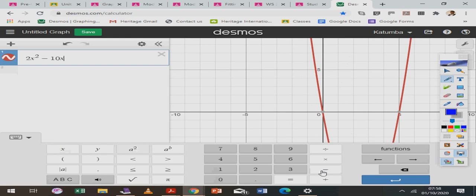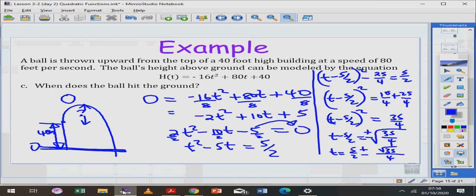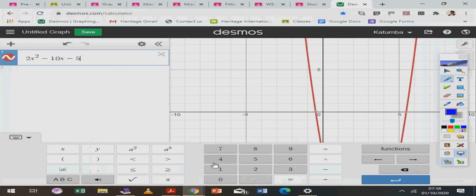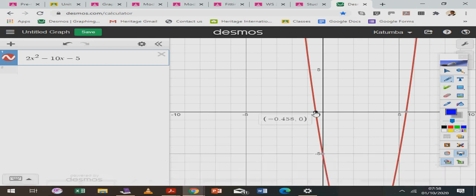And you just look for the points where it cuts the x-axis. This is the first point, which is negative. We're going to ignore that point because we don't have negative time. And we're going to use this point, which is 5.458. That's the time we're going to use. So we get two values, but we discard one of them. So t is 5.458.